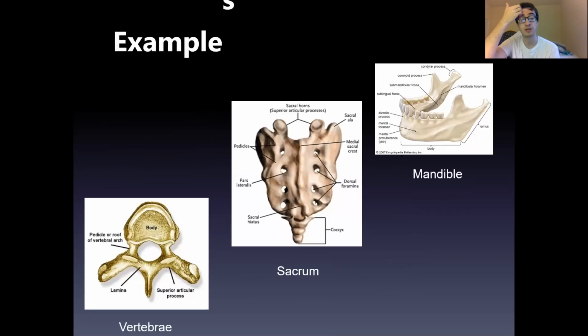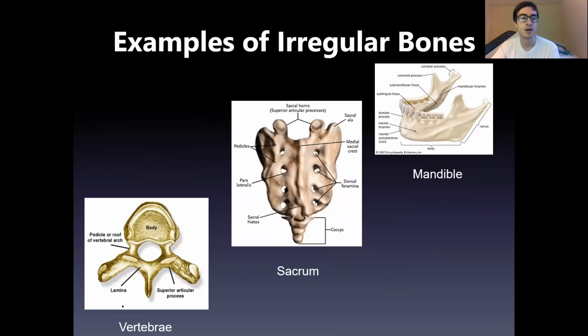So some of these weird looking irregular bones include the bones of your spine, or your vertebrae. All those little bumps going all the way up and down your spine make up your vertebrae. Your spinal cord goes through here, and then all this stuff around it is used for protection.